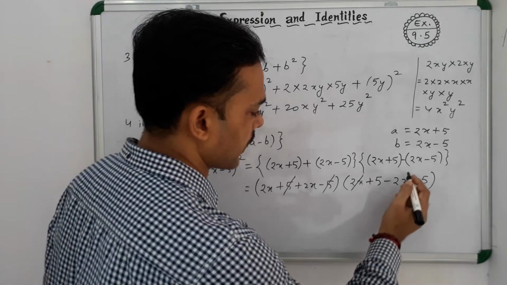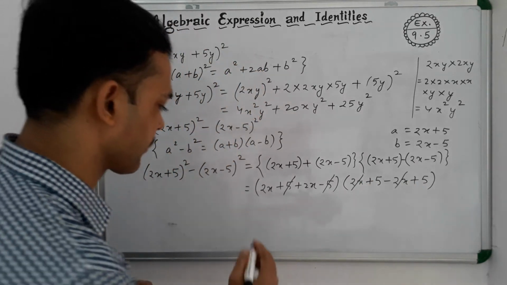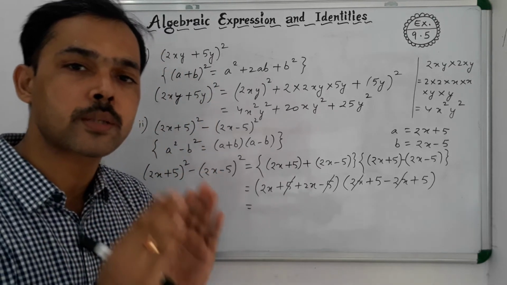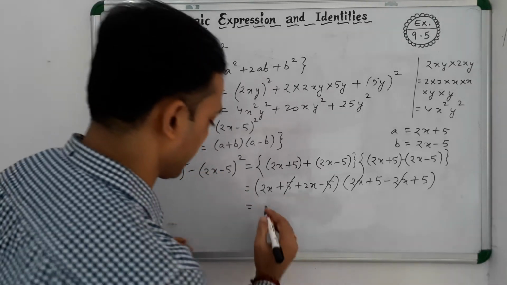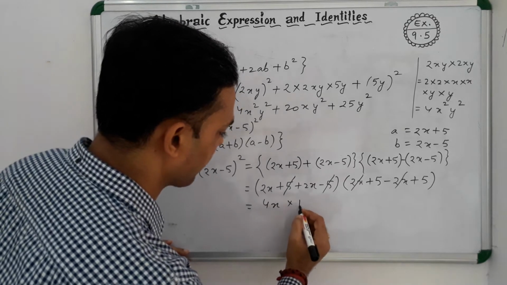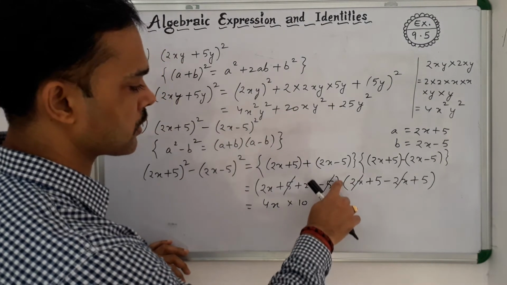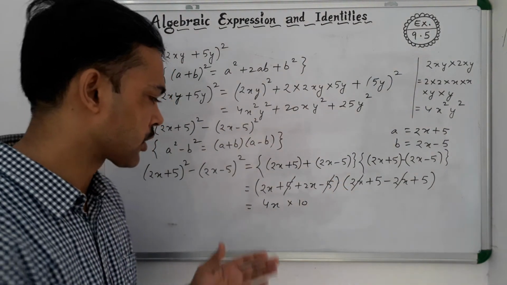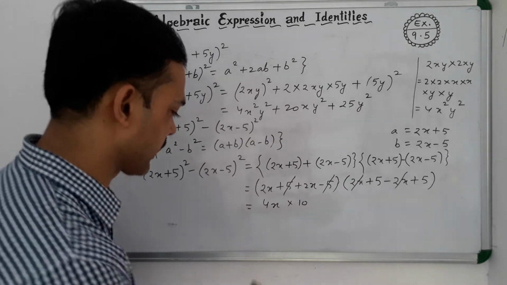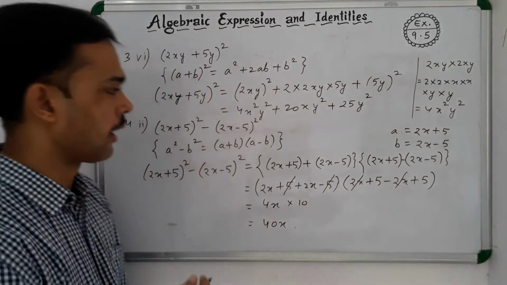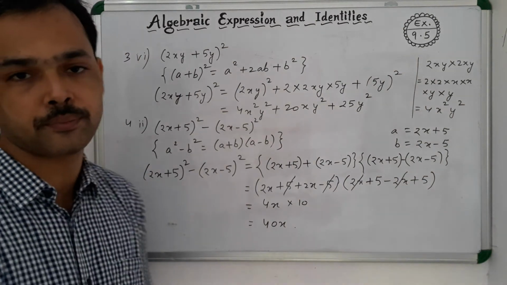And in this one 2x minus 2x is getting cancelled. That is why over here 2x plus 2x is left and 2x plus 2x is 4x. What will be here? 5 plus 5 will be 10 and I am multiplying because in between there is no sign. So whenever there is no sign it means it is multiplication. So 4x into 10 and when you multiply you get 40x and this is your answer.